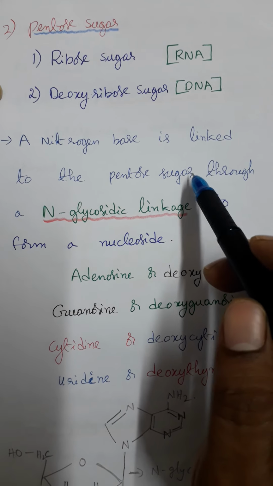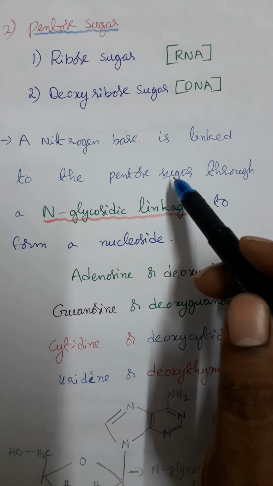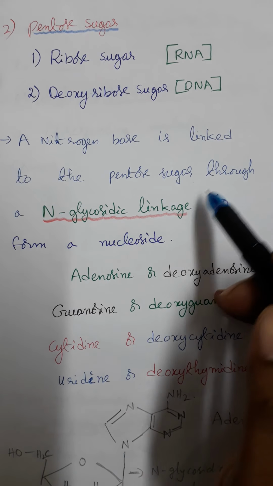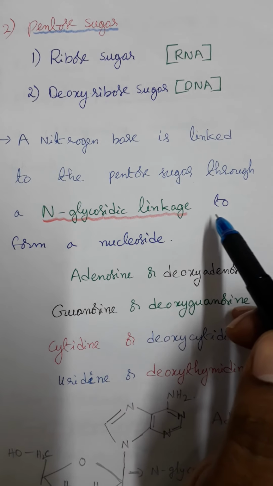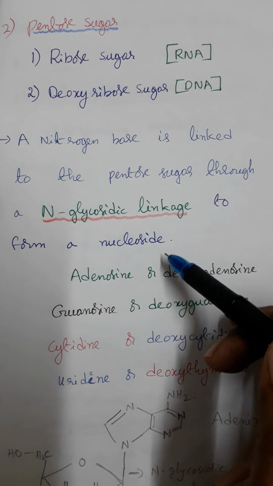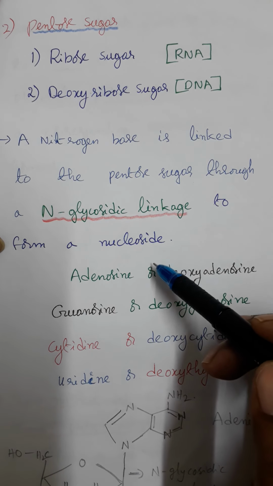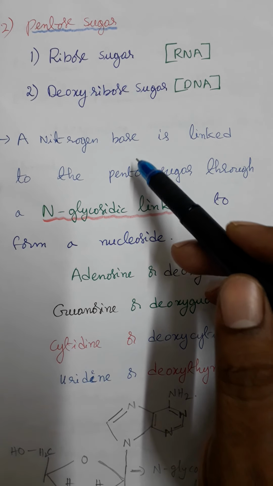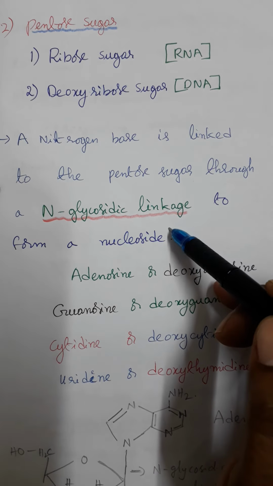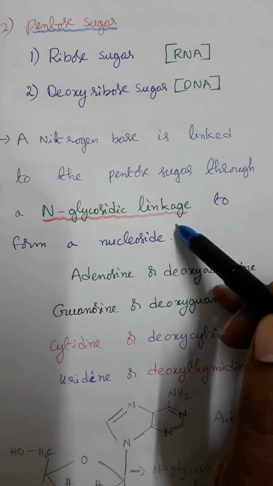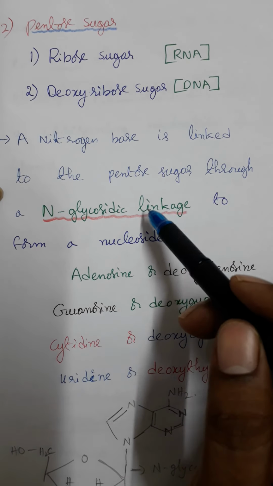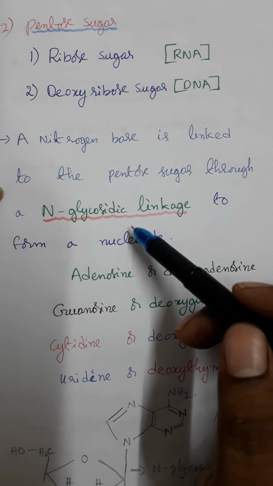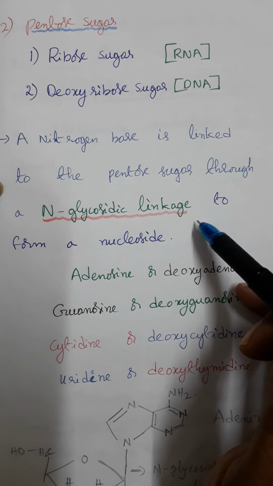A nitrogen base is linked to the pentose sugar through an N-glycosidic linkage to form a nucleoside. What is a nucleoside? The combination of nitrogen base and sugar is known as a nucleoside. In between the nitrogen base and pentose sugar, the N-glycosidic linkage is present.